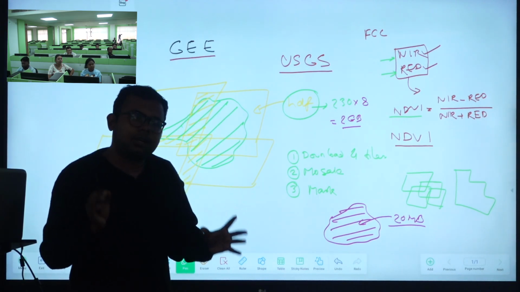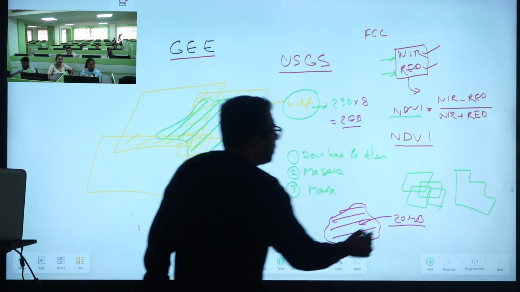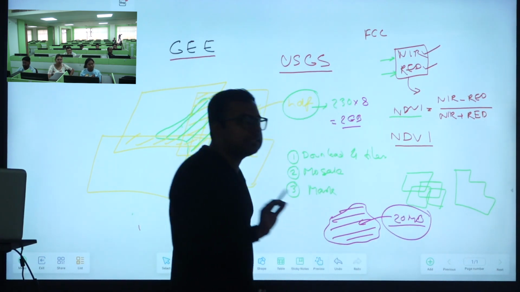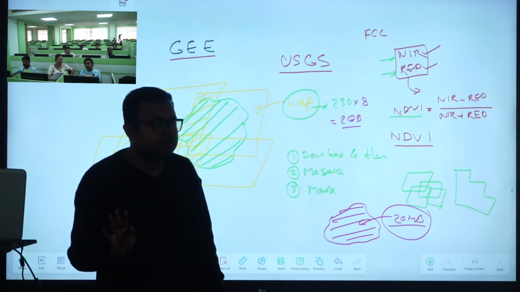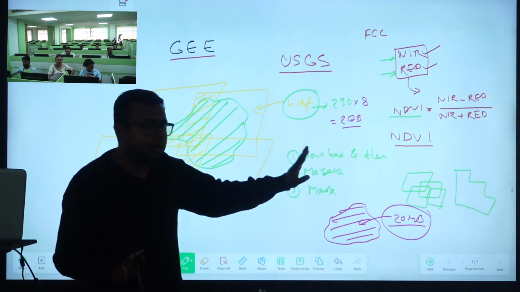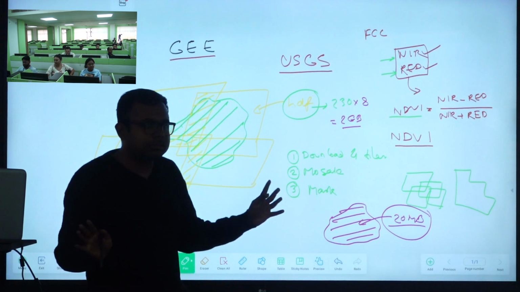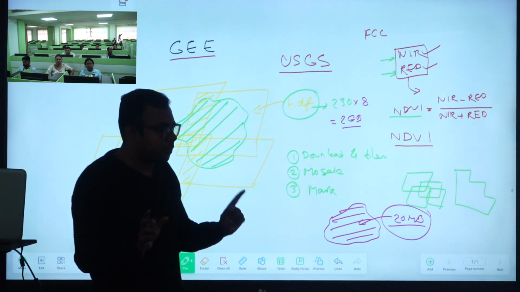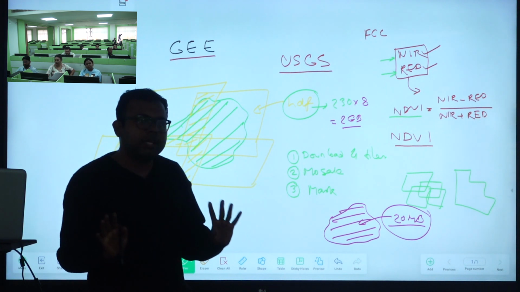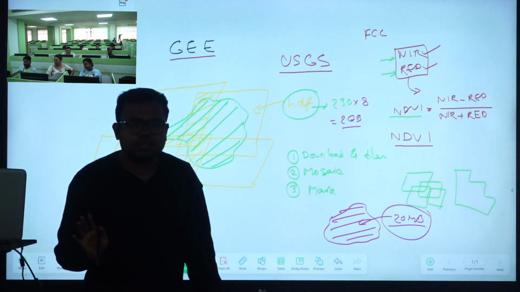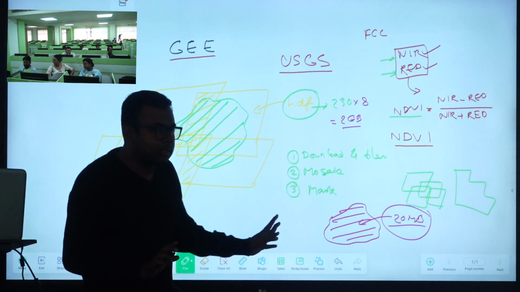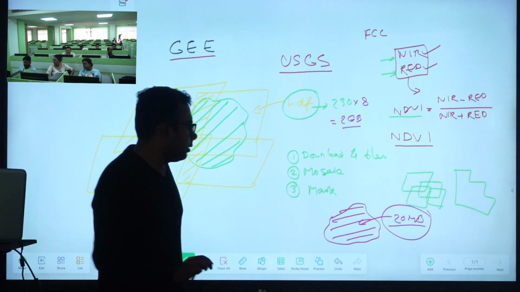We process that online, and just download this 20 MB by writing 3 or 4 lines of code. We do not have to download and handle all these huge files. We just do the process in Google Earth Engine and get the ready-made product. So this is the power of Google Earth. Any issue after that? No issue.